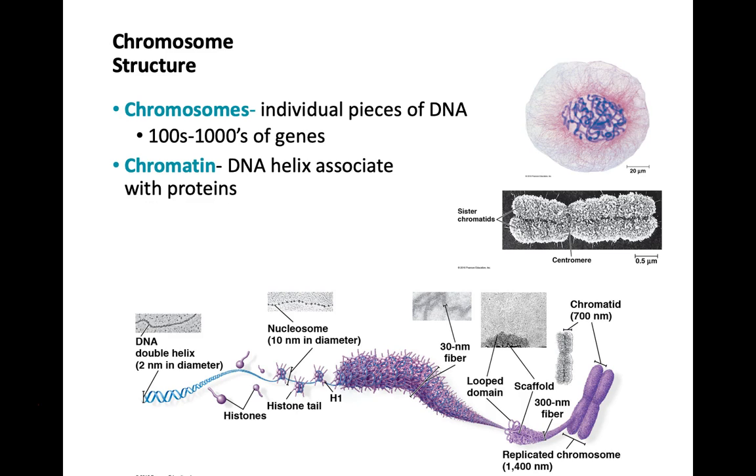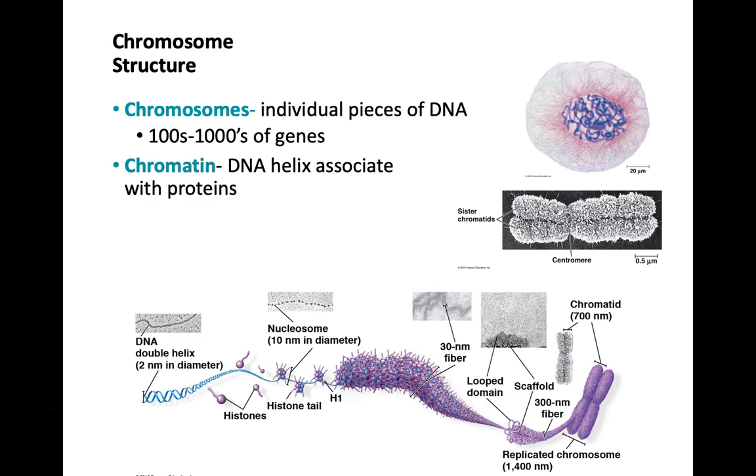And that is actually two identical copies of DNA bound together at the center, or the centromere of that chromosome. And it's all kind of tightly packed and squat and stout because it is condensed into something called chromatin.